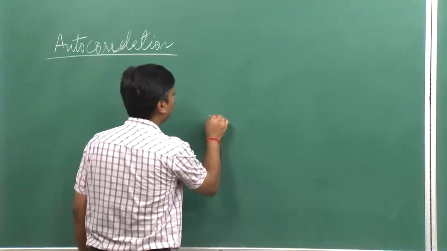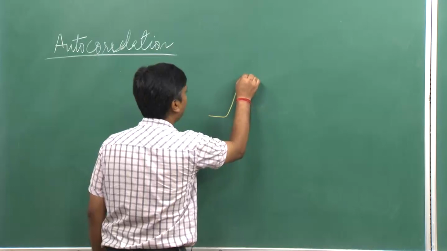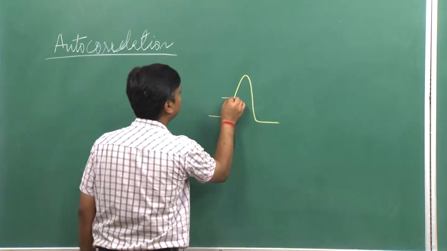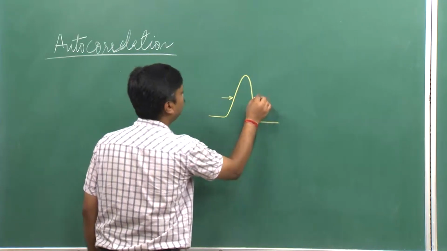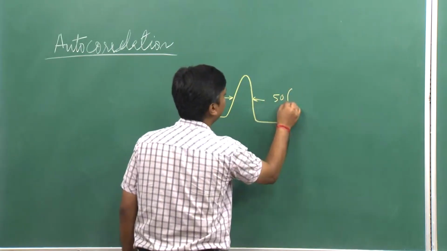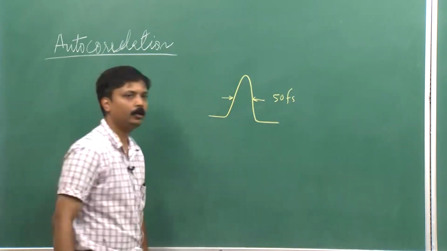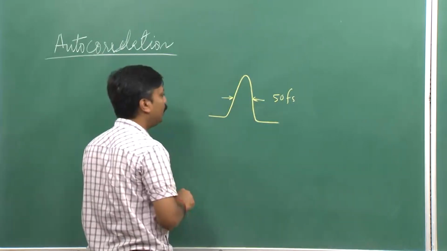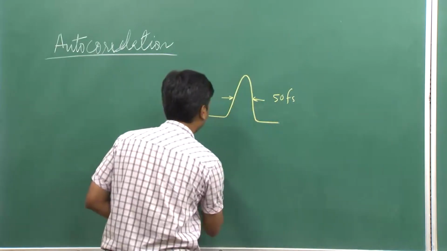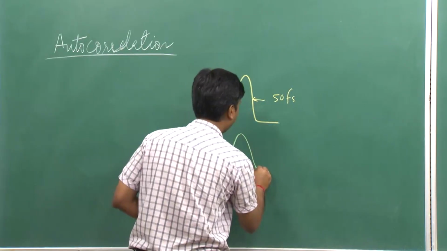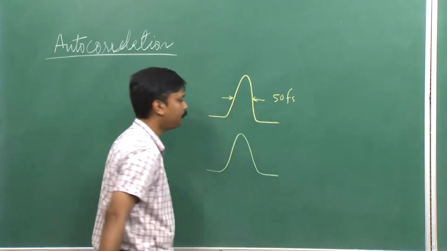So a laser will have this pulse duration, and suppose this is something like a 50 femtosecond pulse. Okay. And from the same laser I can have another pulse also, which should be identical to the first pulse.